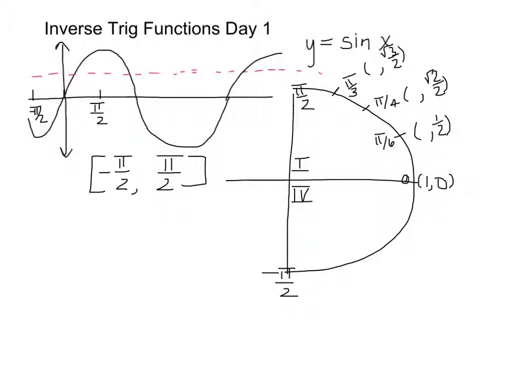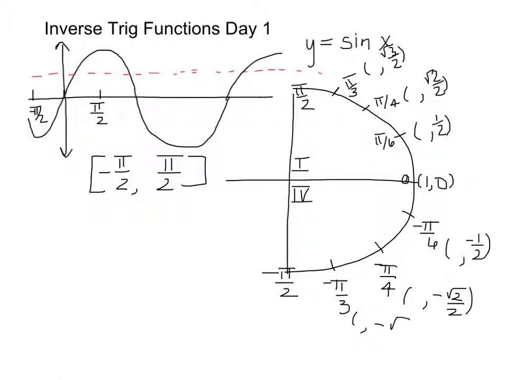And then if you go to negative pi over 6, and negative pi over 4, and negative pi over 3, then of course this is negative 1/2, negative square root of 2 over 2, negative square root of 3 over 2. Oh, I forgot about this one. This is negative 1, and this is positive 1.